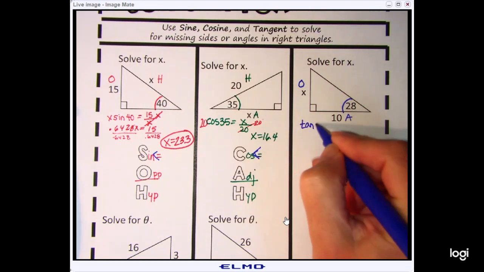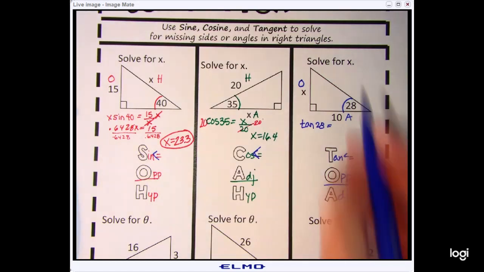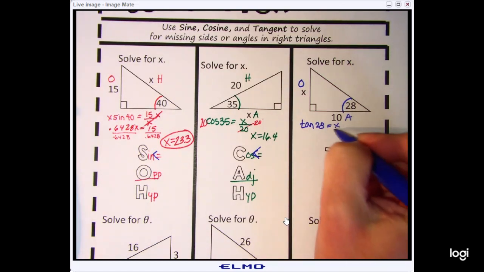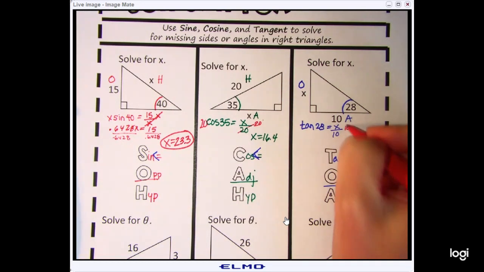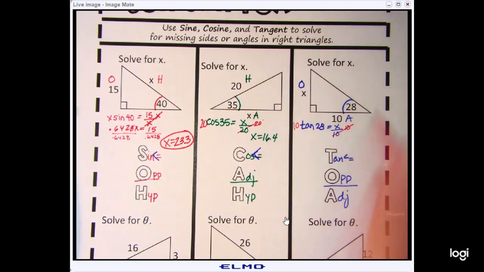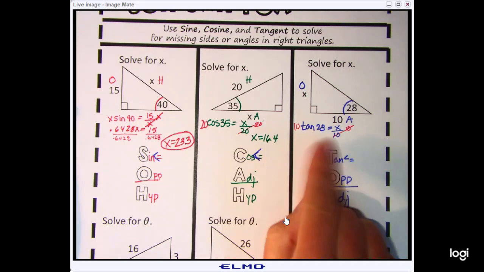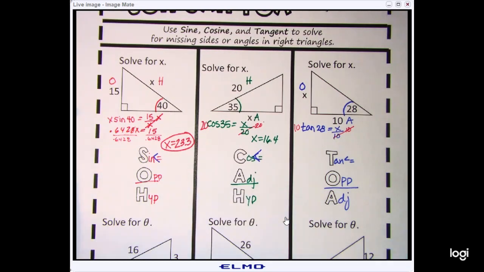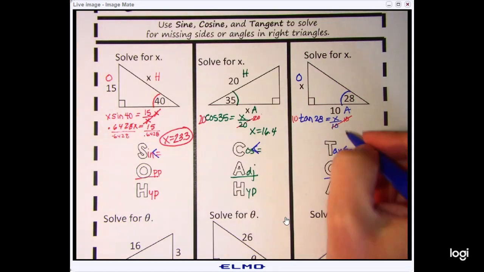Tangent of our angle equals opposite over adjacent. Let's get rid of that divide by 10: times both sides by 10. Now you can just type this in your calculator, 10 tangent of 28. Round to the nearest tenth, and I get 5.3.